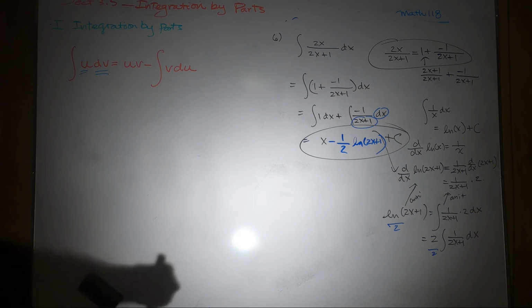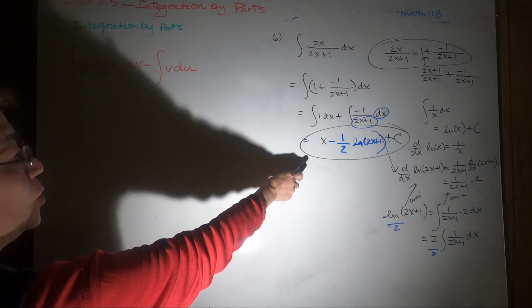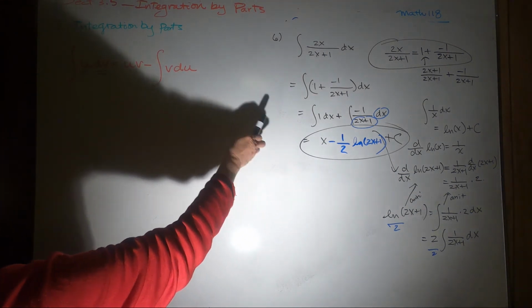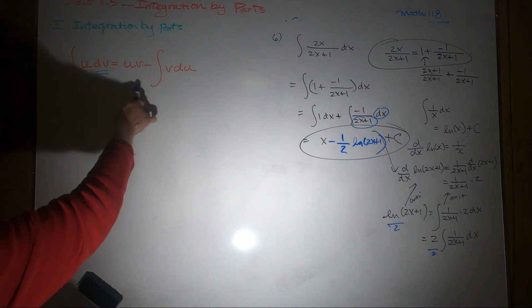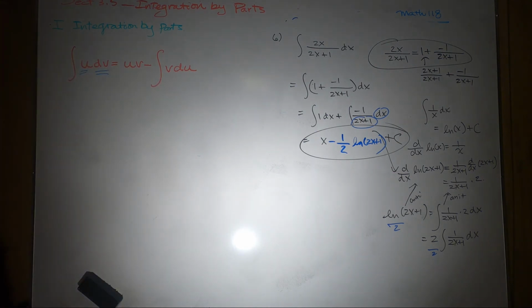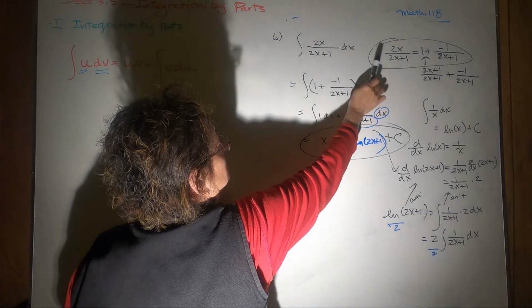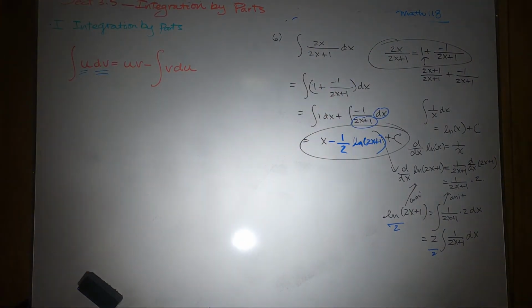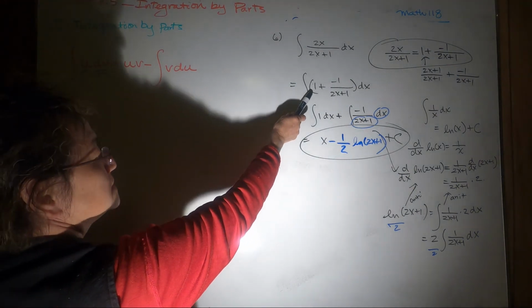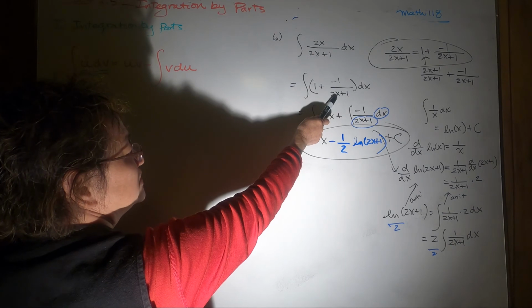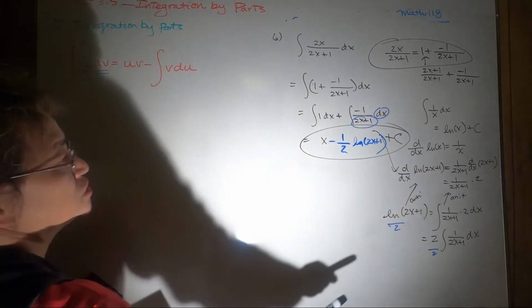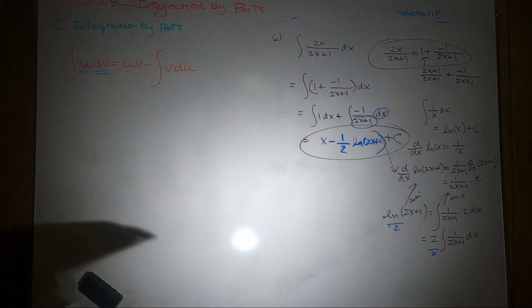So for this one, from your homework, you don't need integration by parts because you can simplify this to be this way. It becomes a simple constant and the derivative of the log, then you just do the antiderivative.